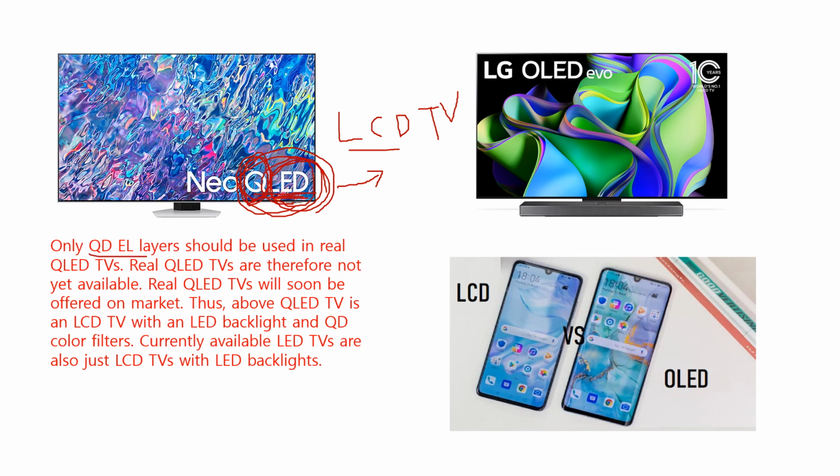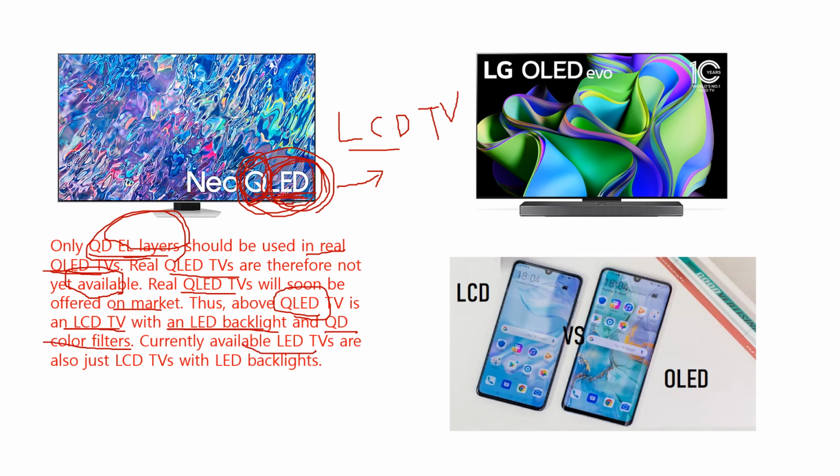So quantum dot EL layers, red, green, blue EL layers should be used in actually real QLED TVs. So real QLED TVs are therefore not yet available. Real QLED TVs will soon be offered on the market. Thus, this above QLED TV is an LCD TV with an LED backlight and quantum dot color filters.